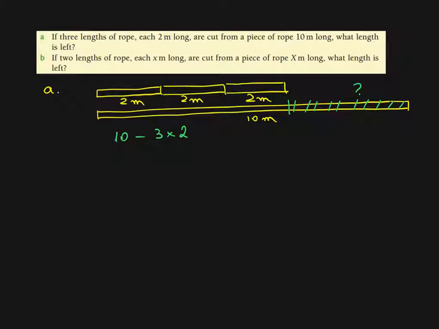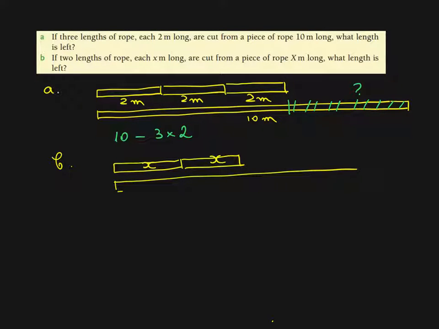I don't jump into calculating because in question B it asks me for a generalization. If 2 lengths of rope, each of x meters long, are cut from a piece of rope that is capital X meters long, what length is left?